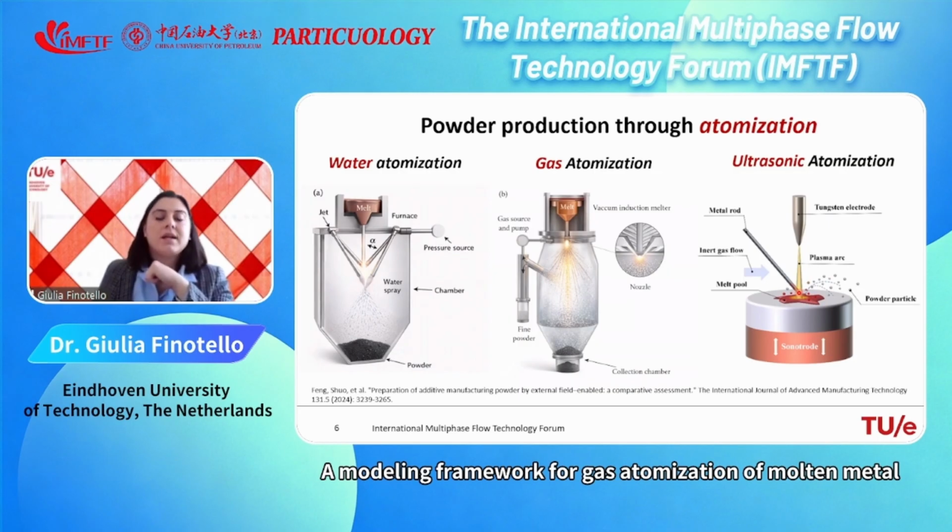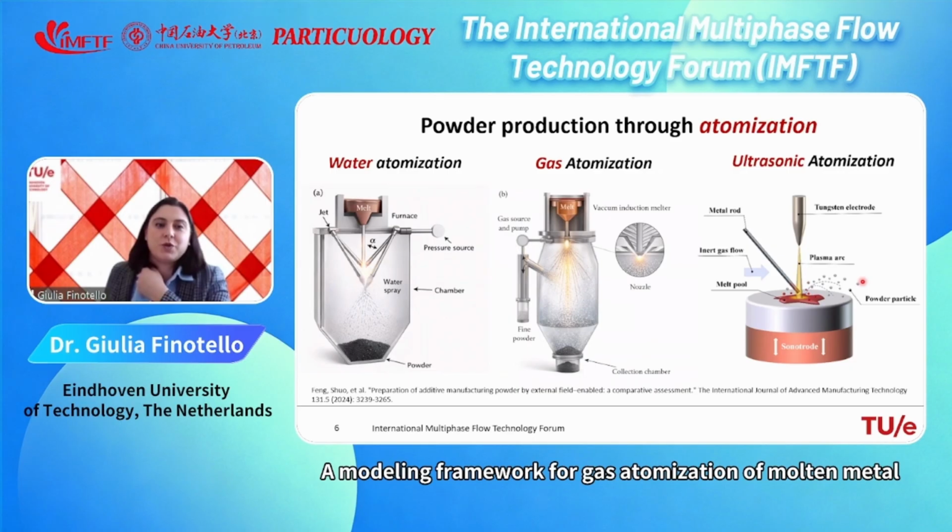So you have a pool, a molten layer on top of this disc, and then due to the mechanical vibration, some droplets are detaching from this pool. They are very small, so they are cooling down fast, and then what you produce is powder particles.